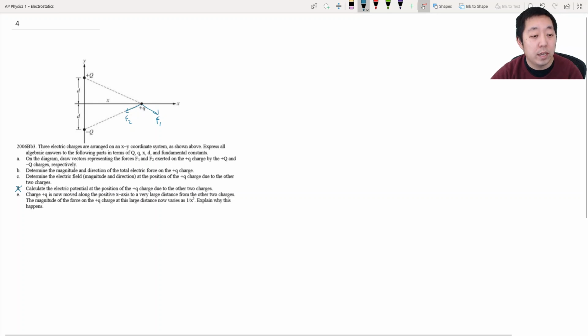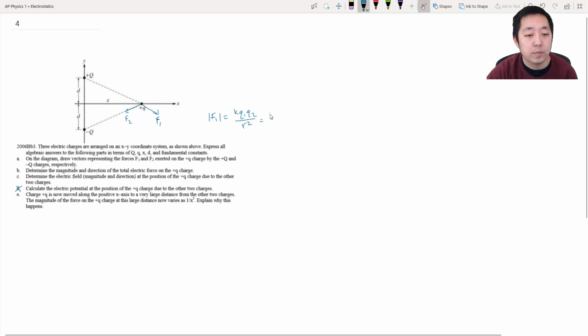B, determine the magnitude and direction of the total electric force on the plus charge. The way you want to think about this is, when you add two vectors, I want to calculate the magnitude of each vector, and then I want to know the angle. So let's do the magnitude of F1 first. Magnitude of F1 is kQ1Q2, this is Coulomb's law, over R squared.